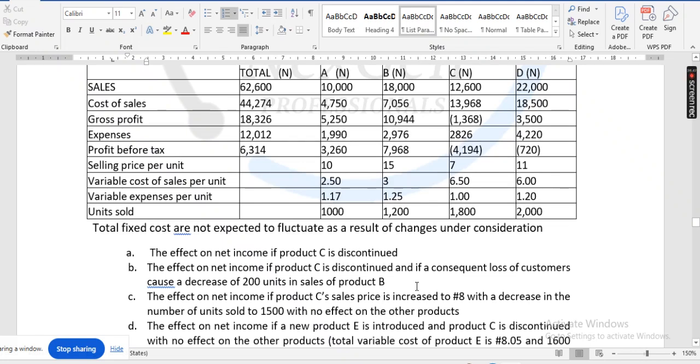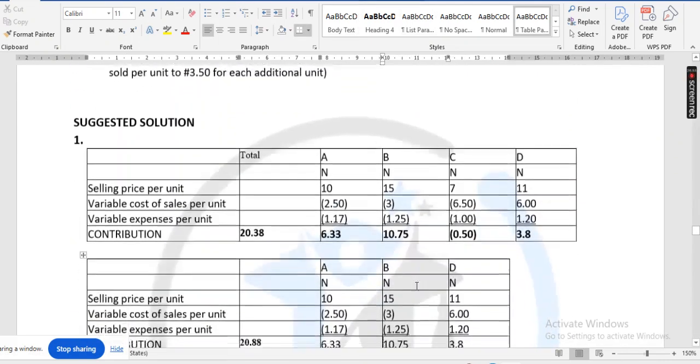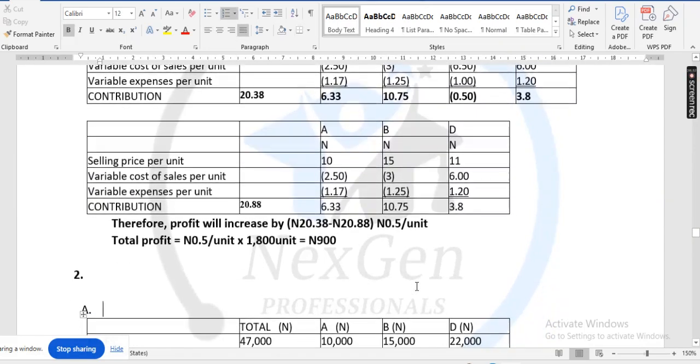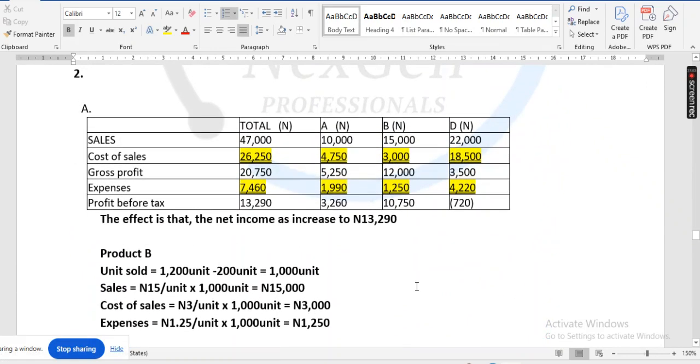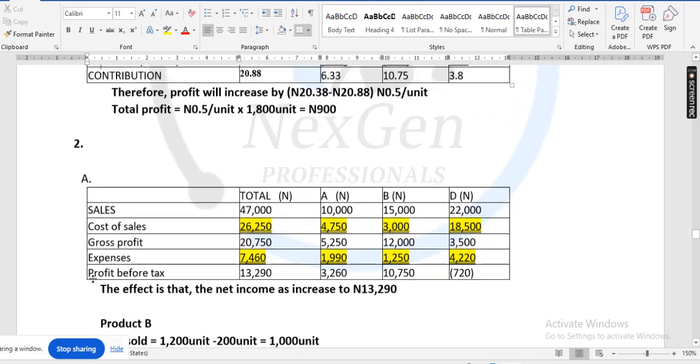A decrease in this, right? So first, let's quickly decrease the unit of product B. Let's decrease it. I think I've done that here before now. I've just copied this, although this is not correct. Let me just copy this part.